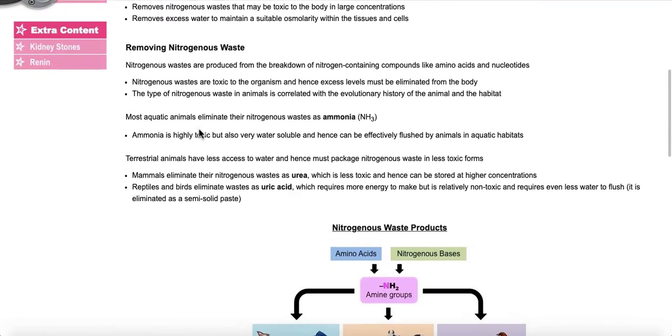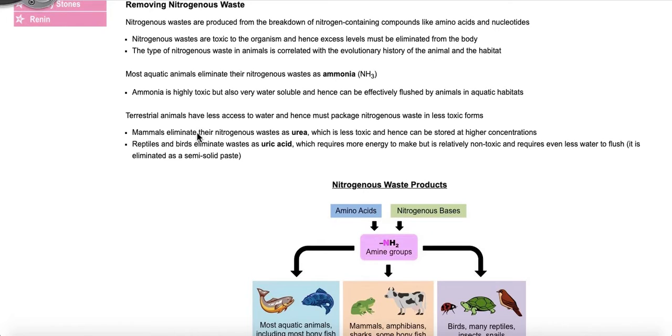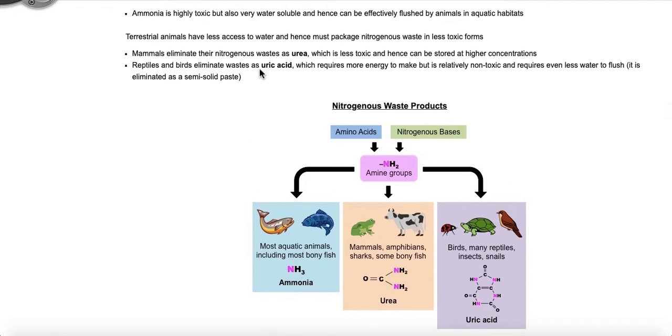So let's look and see how nitrogenous wastes are removed. In this diagram here, we see that nitrogenous waste products vary depending on the organism. These nitrogenous waste products are metabolic waste products from the processing of compounds that contain nitrogen, like amino acids or nitrogenous bases.